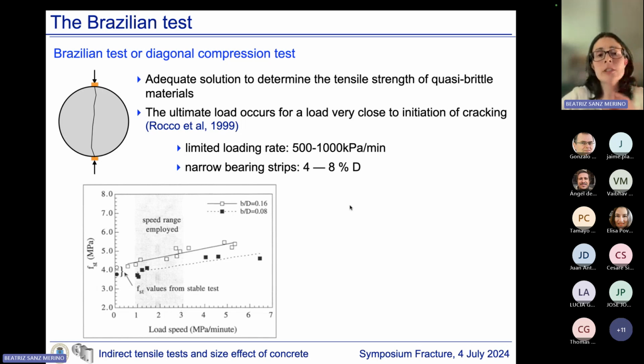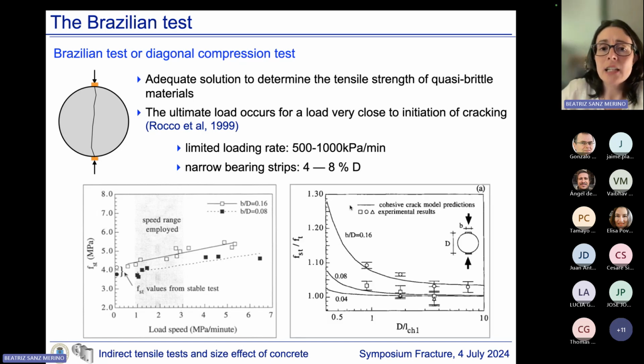The second condition is that the bearing strips have to be narrow and limited to 4 to 8% of the specimen size, which was obtained again from experimental results. Let me show here only the results for cylindrical specimens, although the research of Rocco also includes results for cubic specimens.